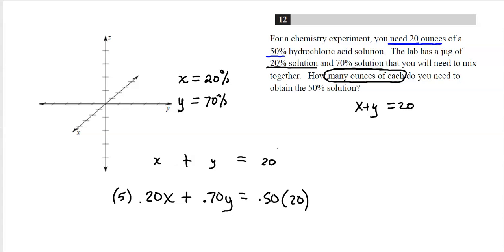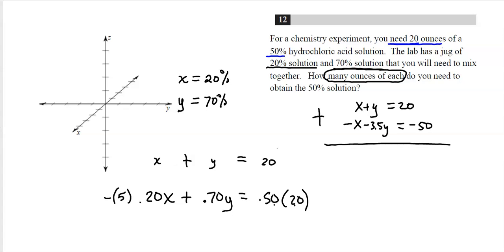I'm going to have 5 times 0.20 is 1x. That's going to be 3.5y. And actually, I should have multiplied by negative 5, because I need my x's to be opposites, which is going to change this to a negative 3.5. And 0.50 times 20 is 10. 10 times negative 5 is negative 50.